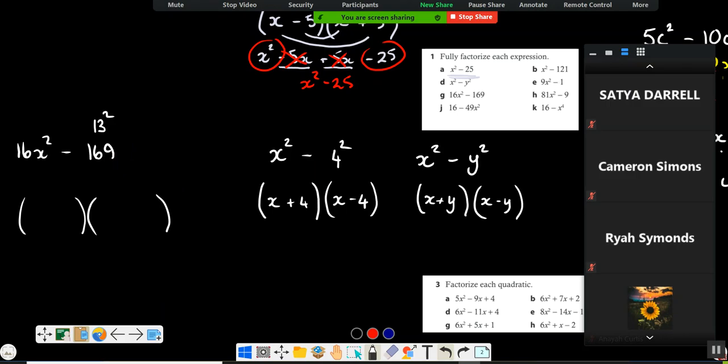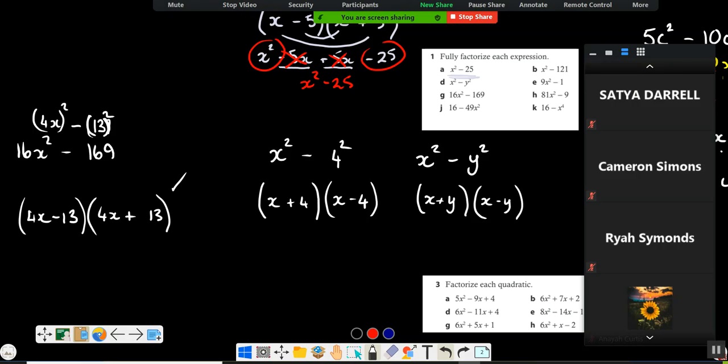Did not use a calculator. And do you know what squared makes 16x squared? Yeah, good. 4x all squared. So if I write it like that, the brackets are then easy. What's in the brackets? Minus 13 and then plus 13. Yeah, that's good. Easy, right?